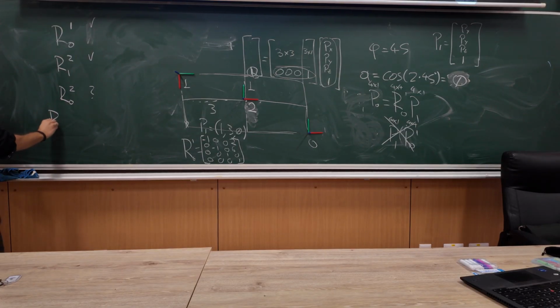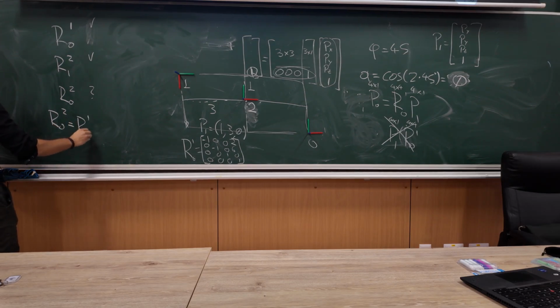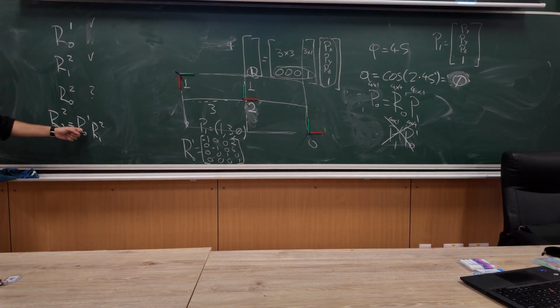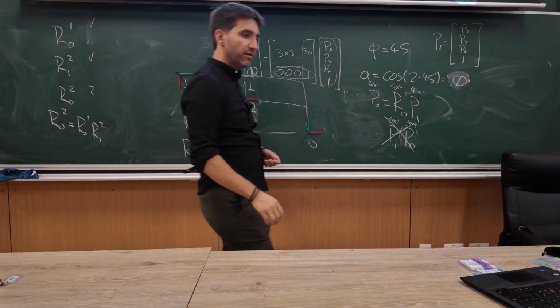I know basically that it will be from 0 to 1, and then from 1 to 2. If I know how to go from Cluj to Brasov, and from Brasov to Bucharest, I know how to go from Cluj to Bucharest, in a way, right? Sorry, I didn't put the whole example here.